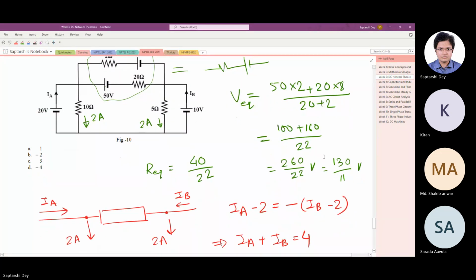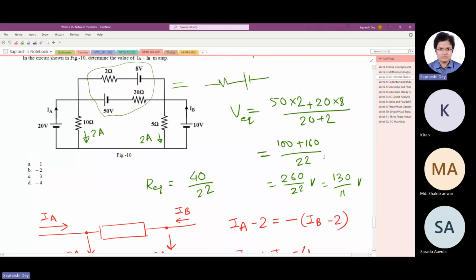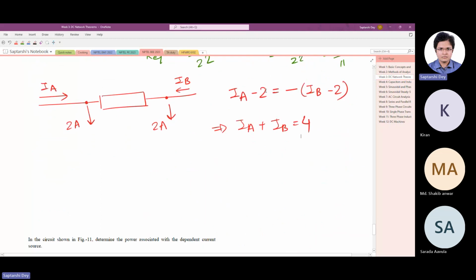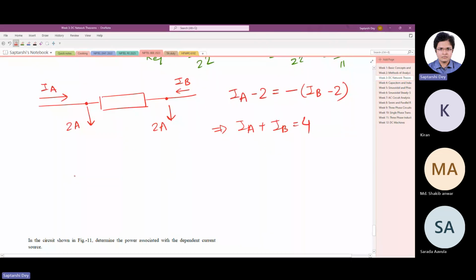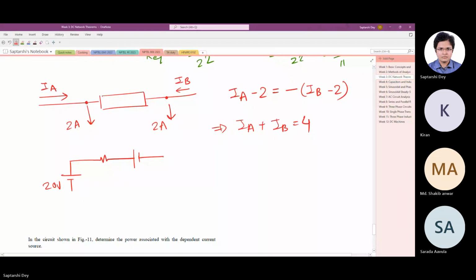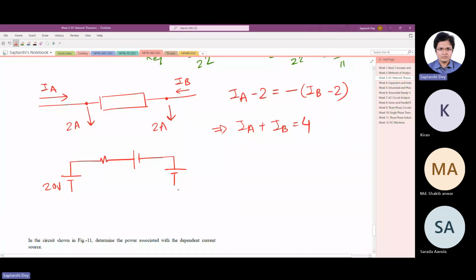Okay, let us do 20 volt, 10 volt. Oh, it's not that difficult anyway. So what we have is 20 volt. I will draw only the part that we need.